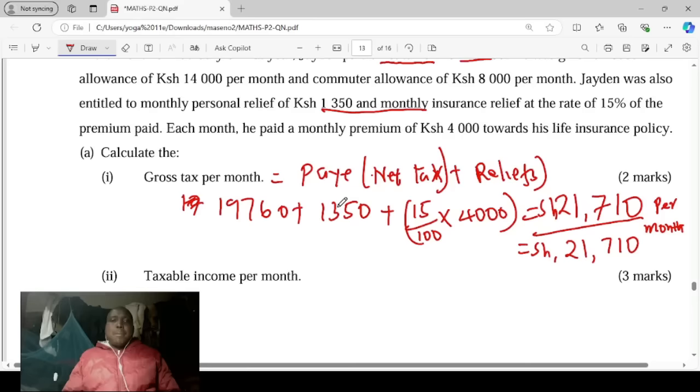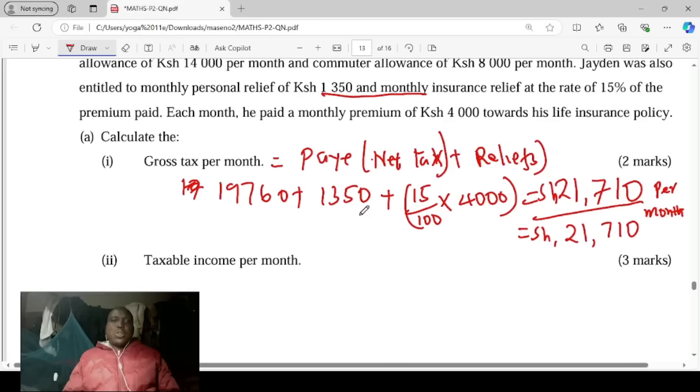Taxable income per month. Now, to calculate the taxable income, we are going to use our table.